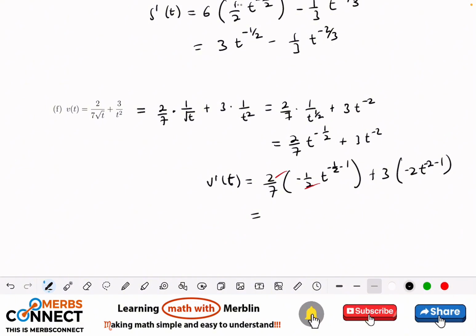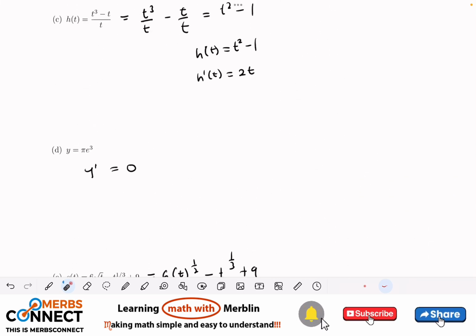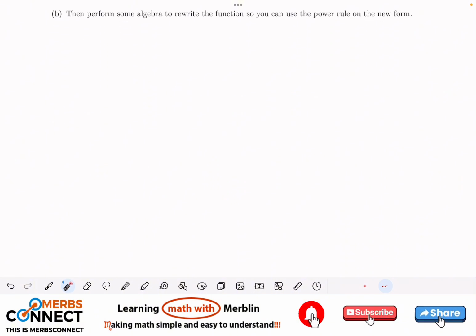So I'm going to have minus 1 over 7 t to the power minus 1 over 2 minus 1, which gives us t to the power minus 3 on 2, plus minus 2 times minus 2 will be 6, t to the power minus 3. So this is what you are going to get at the end of the day if you don't want to simplify again. We are almost done.